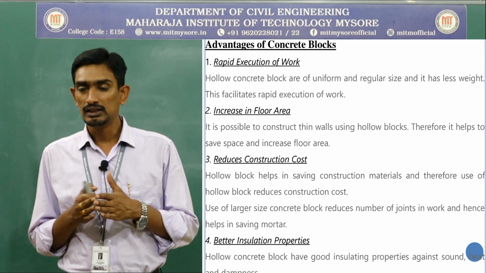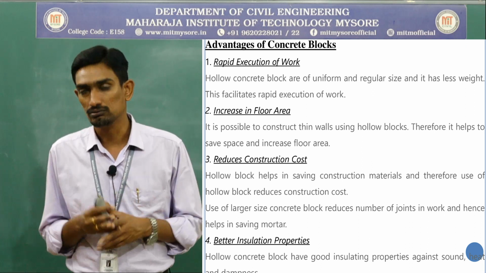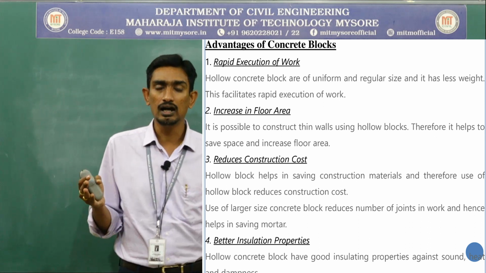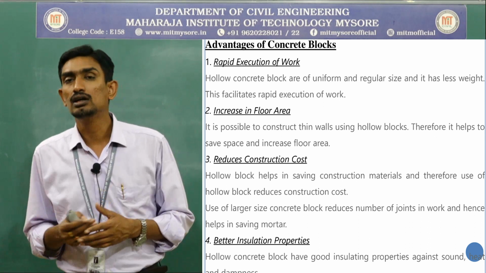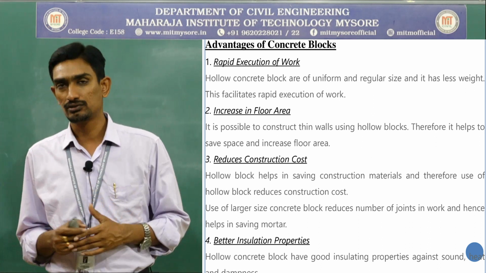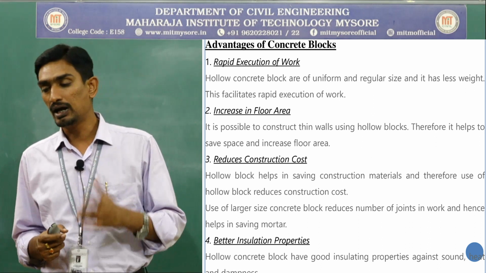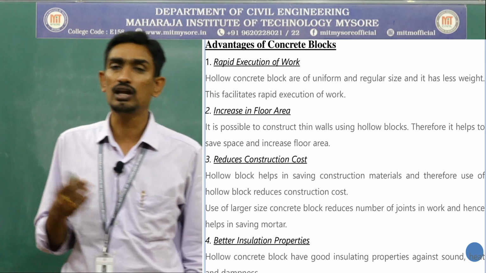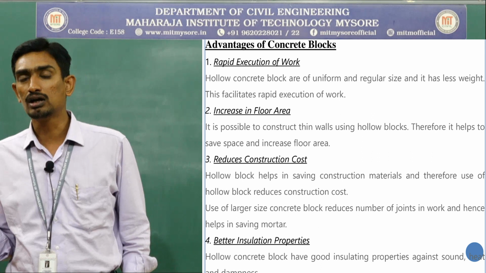Therefore, the availability of floor area is more. Did you get my point? If you want to go with more floor area, then reduce the thickness or size of the concrete block, go to the 4-inch. Is it clear? So by this, we can increase the floor area because we are going to manufacture various sizes of the concrete block.